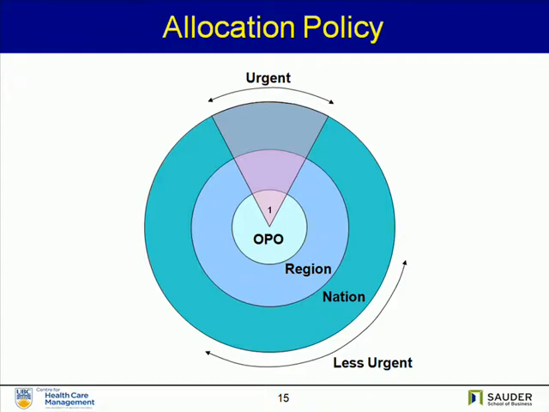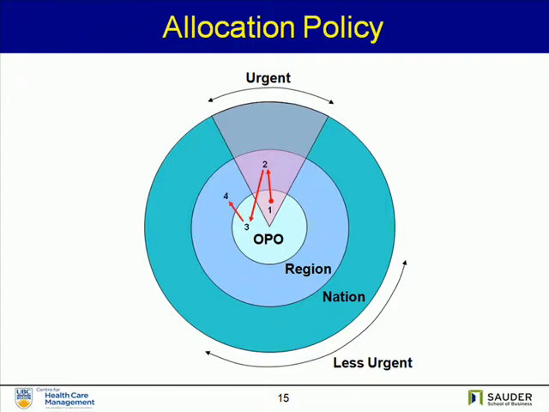If there's not a match or the patients refuse the organ, then they search in the region that I showed on the previous slide. Again, they look for blood type matches and whether the patients want to accept the offer. If there's still no match, then they go back to the local area and look among the less urgent patients, ranked in some fashion, to see if there's a match there.